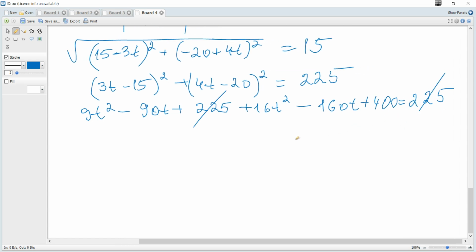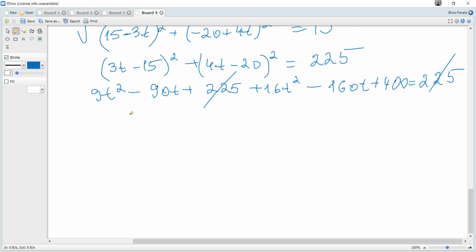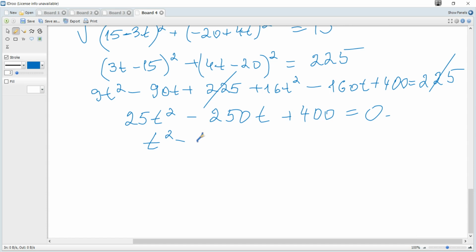We can cancel, and we get a quadratic: 25t squared minus 250t plus 400 is equal to 0. We can divide each term by 25 to get t squared minus 10t plus 16. We can use the discriminant, or it can be easily factorized, and it becomes (t minus 2)(t minus 8).